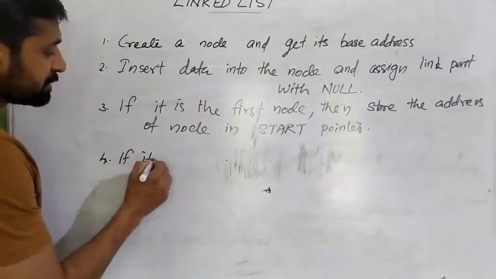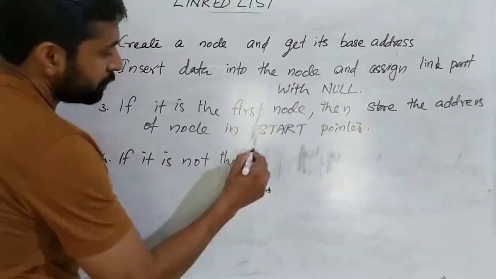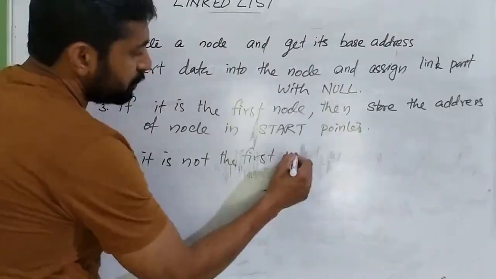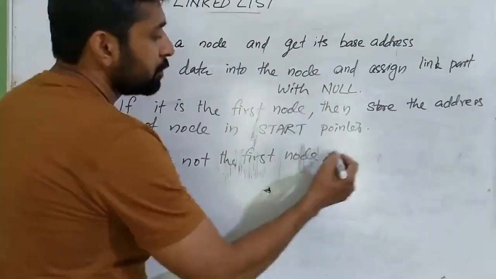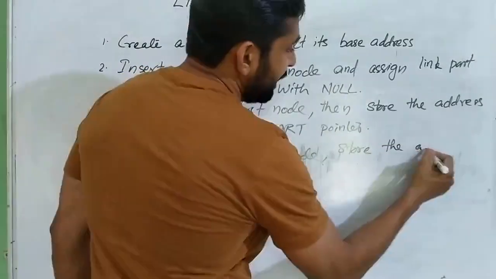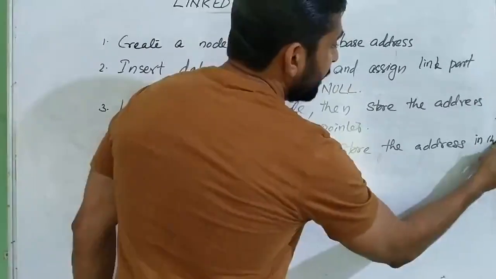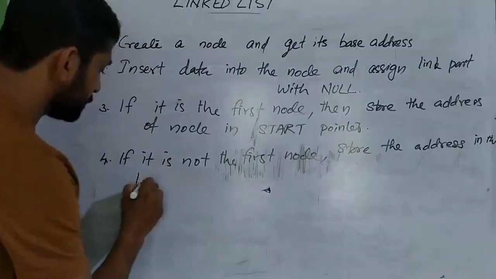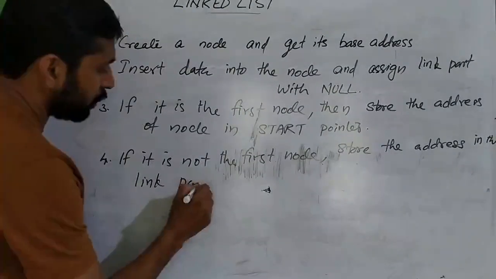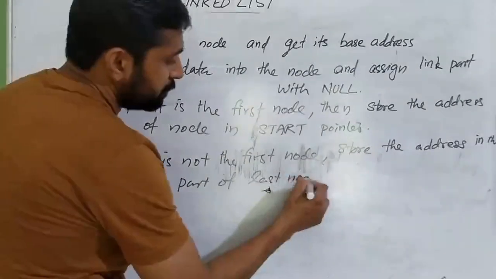If it is not the first node, store the address in the link part of the last node.